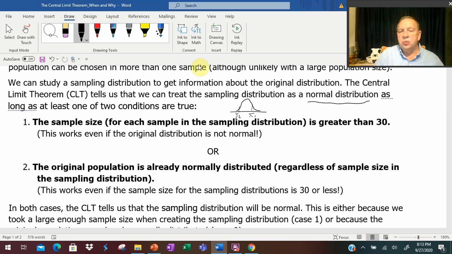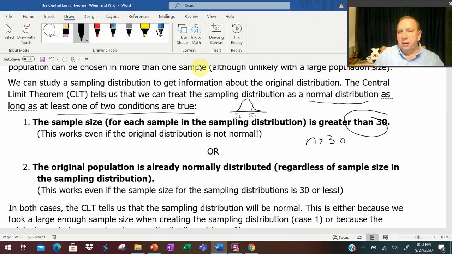All of these create a sampling distribution, and it would be normal if at least one of the two conditions is true. The first: the sample size for each sample in the sampling distribution is greater than 30. So if n is greater than 30, I'm good. The sampling distribution would be approximately normal, and we can treat it as a normal distribution.